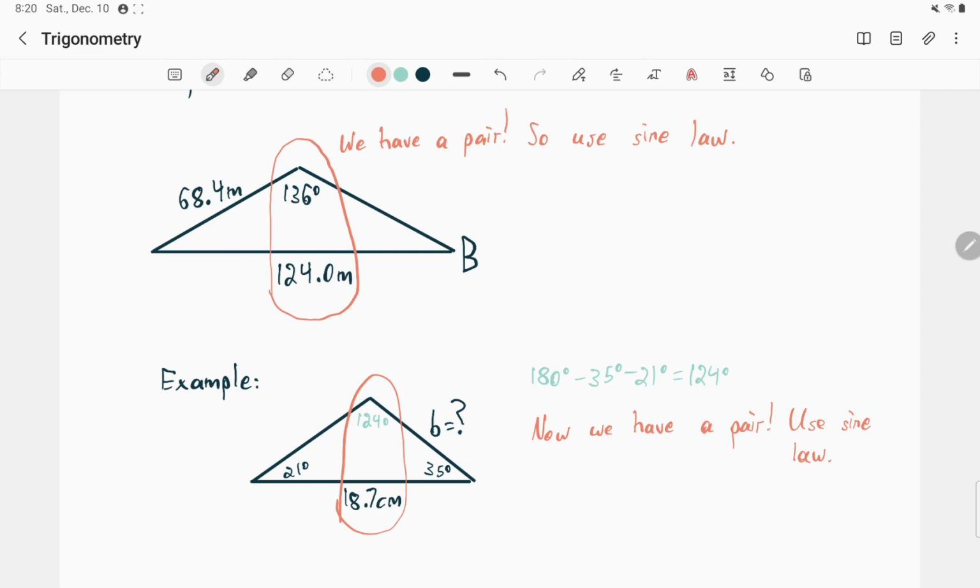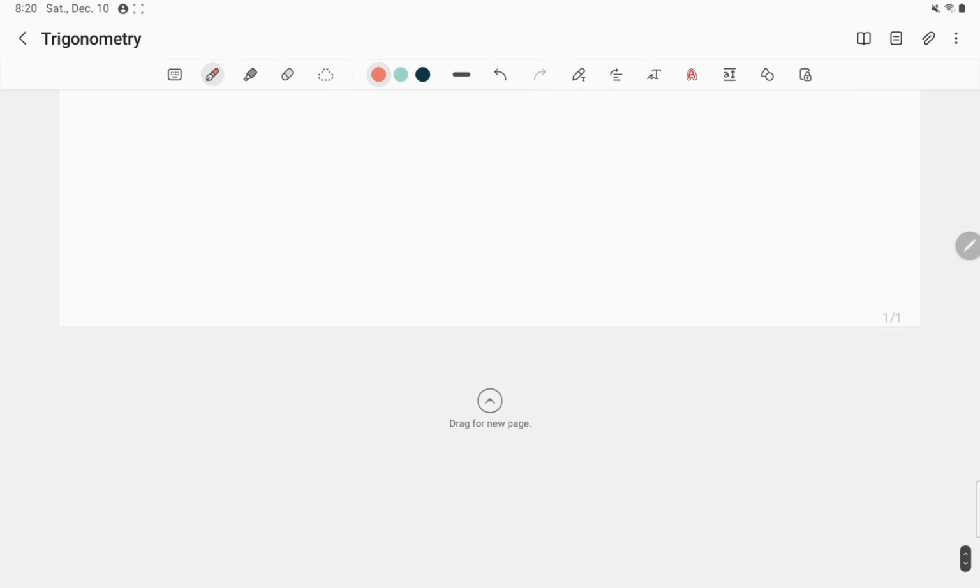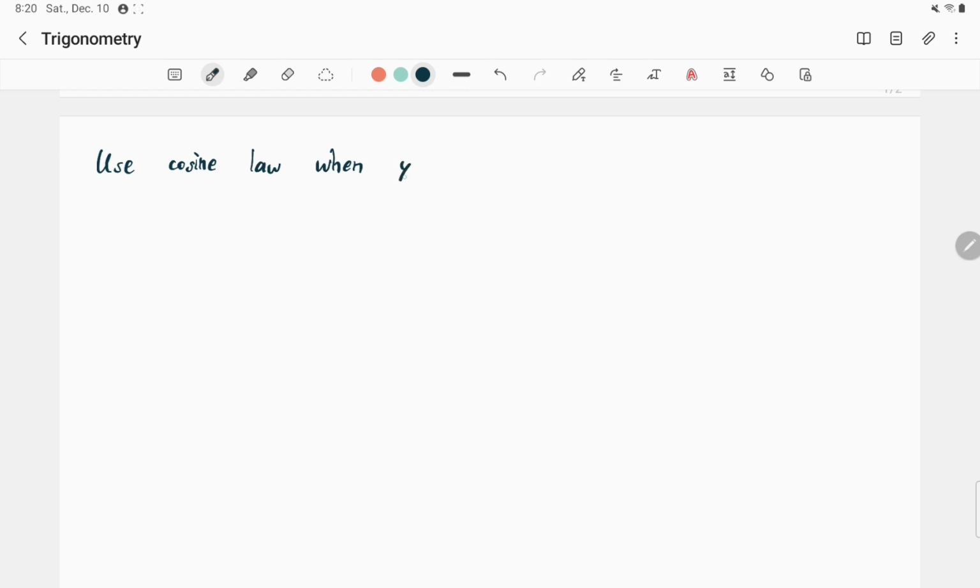Hopefully that makes sense. I'm almost done. I promise. Bear with me. When do you use cosine law? Let's write that down. Use cosine law when, well, guess what? It's the opposite. When you don't have a pair.